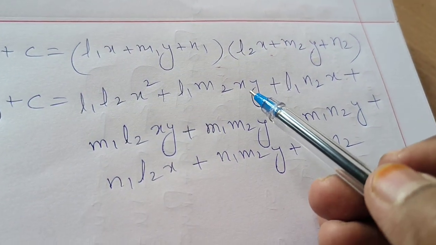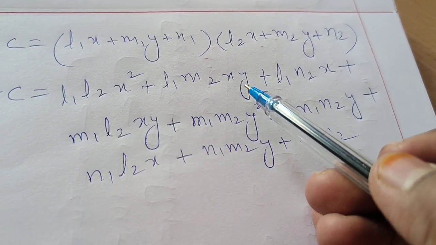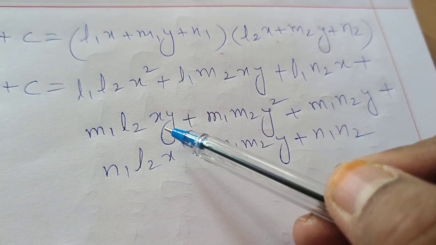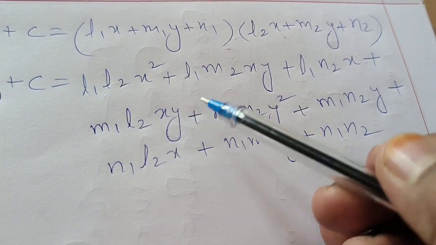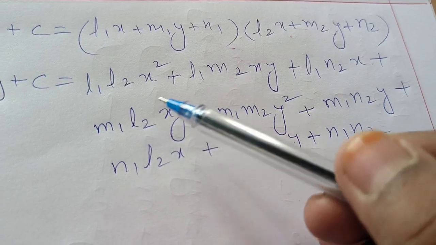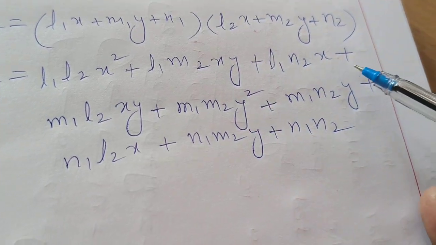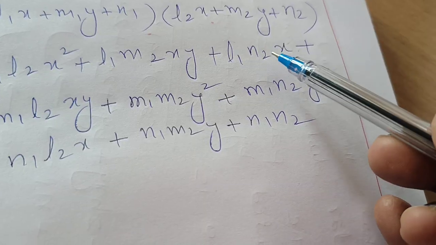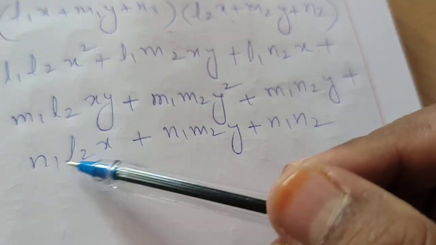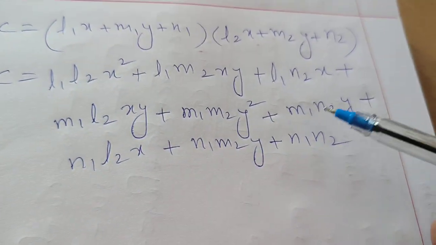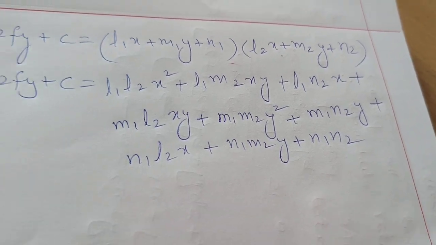Now the coefficient of xy appears in two terms, so we take xy common, it becomes L1 M2 plus L2 M1. In the terms L1 N2 and L2 N1 we take x common, and from the remaining we take y common.